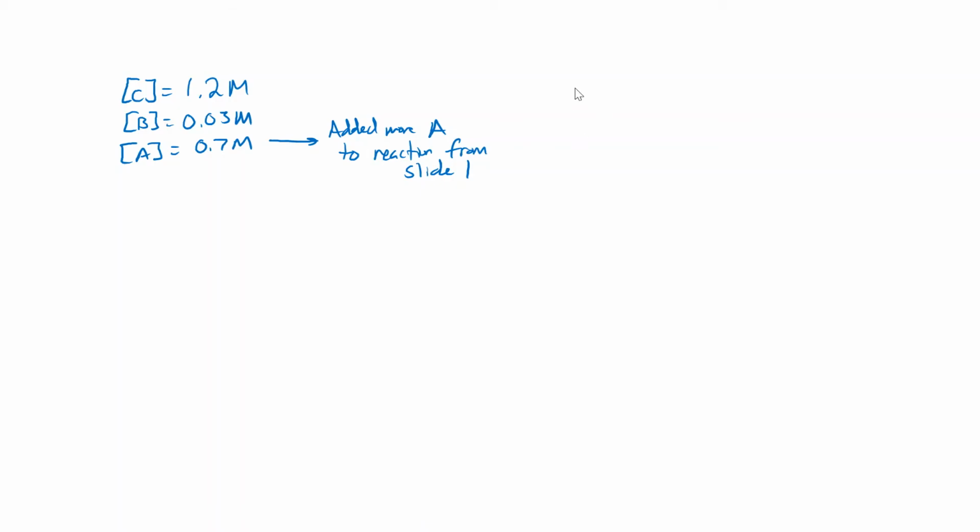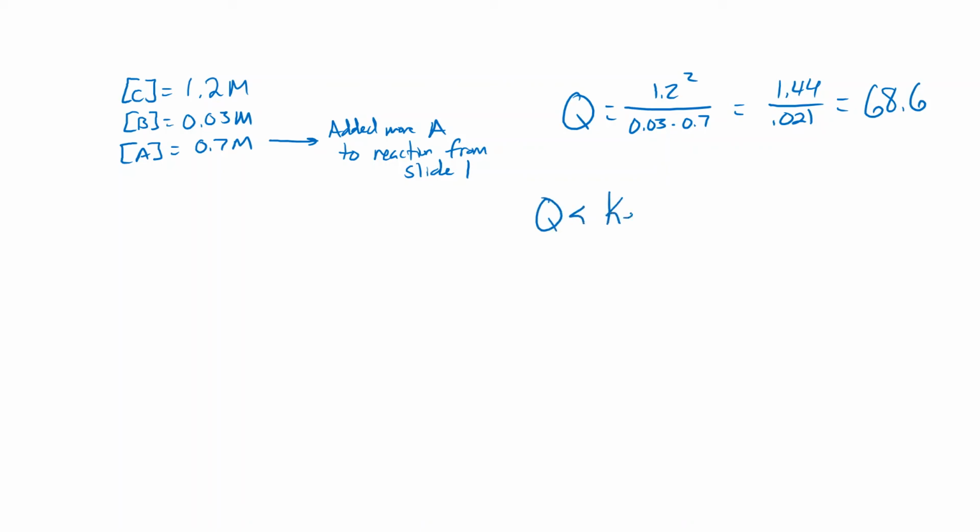So we calculate a new Q. Q in this case is 1.2 squared over 0.03 times 0.7. 1.44 divided by 0.021 equals 68.6. And so now, of course, we have Q less than KEQ because KEQ was 75. And so the opposite thing is going to be true in this case than it was in the previous example. Now Q is less than KEQ.